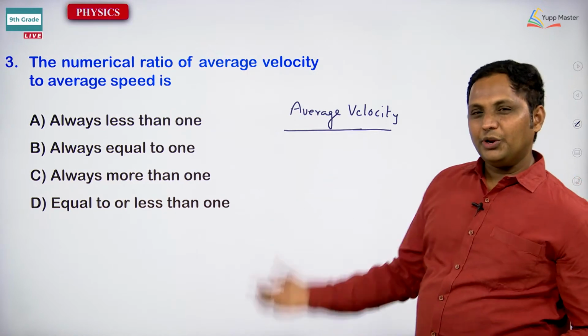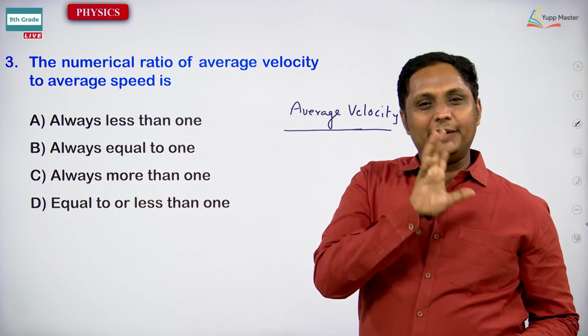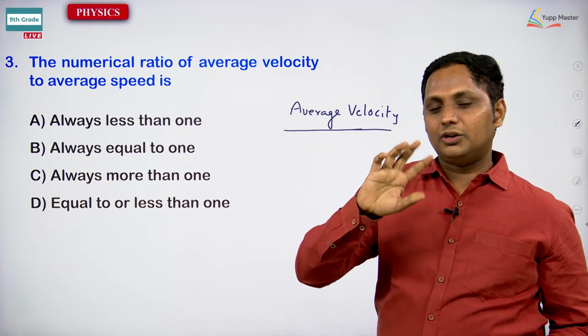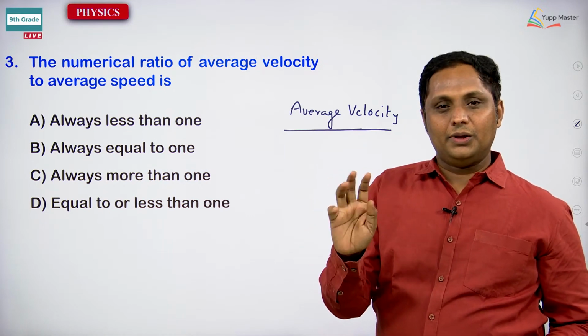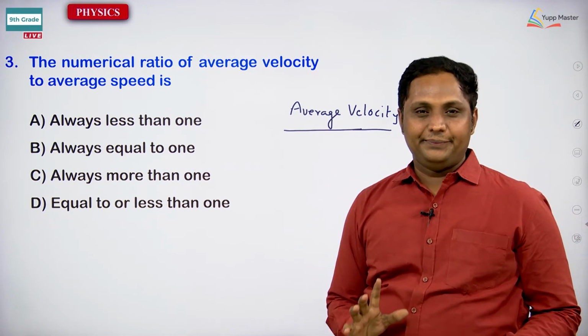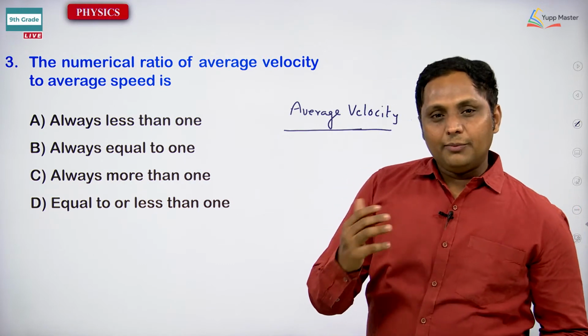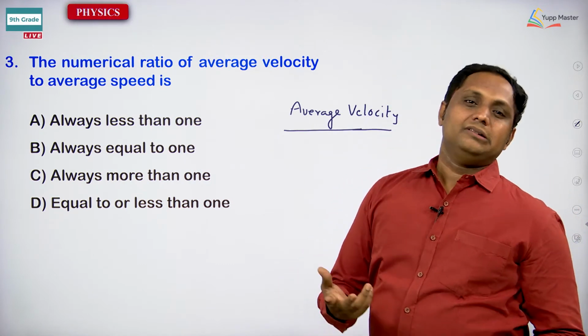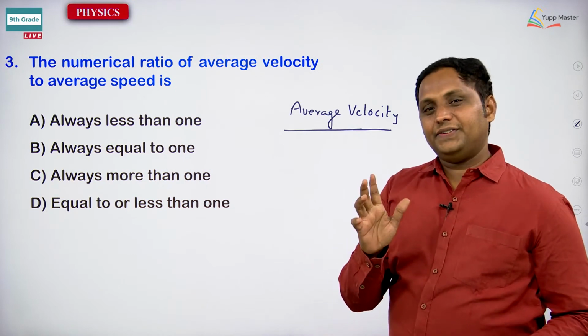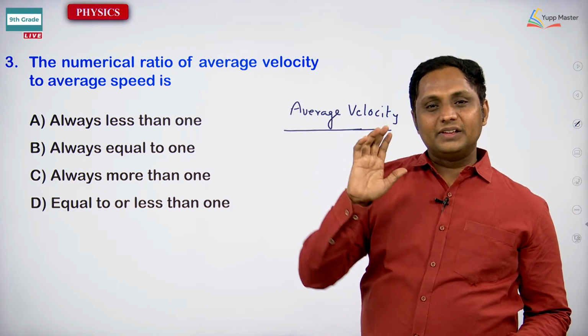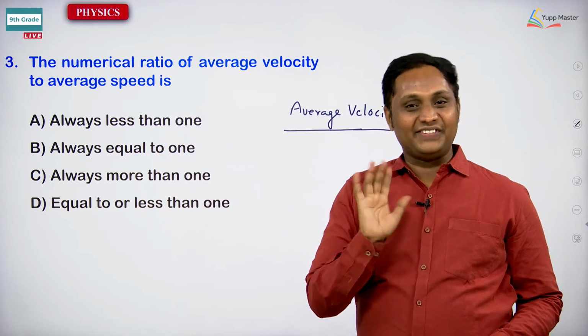So while you are going to take distance and displacement, these are the two parameters to know that if a body is in motion, the distance is going to increase.